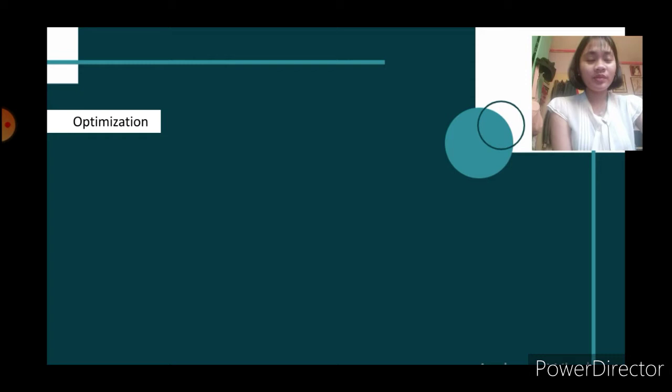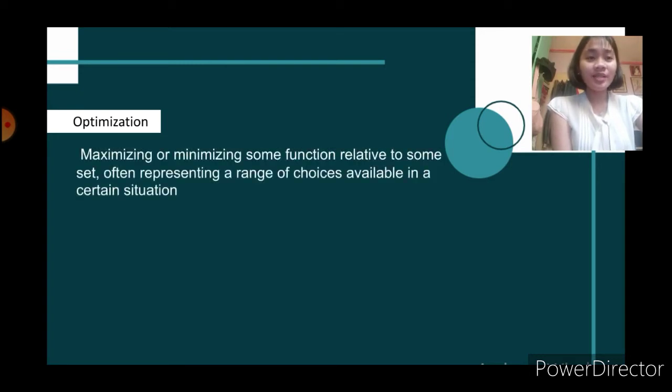When we say optimization problem, it is maximizing or minimizing some function relative to some set, often representing a range of choices available in a certain situation. The function allows comparison of the different choices for determining which might be the best.